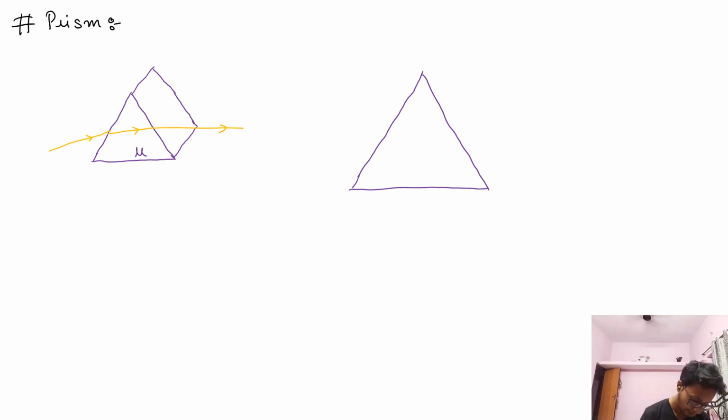Let this be a triangular prism of triangle ABC. A ray of light is coming on face AB. Out here, this is the normal on the face AB. This incident ray of light will refract in the prism. This is the angle of incidence I1, this is the angle of refraction R1.